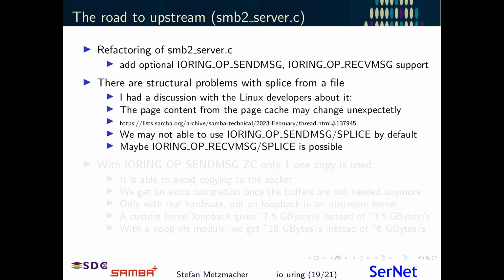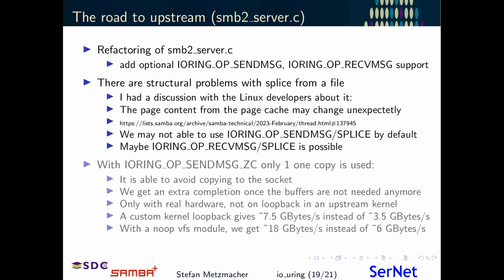So we may add that with a special option. It's basically the same problem with our send file implementation, which we could activate if administrators want to, or maybe we will just use it on read-only files or so.